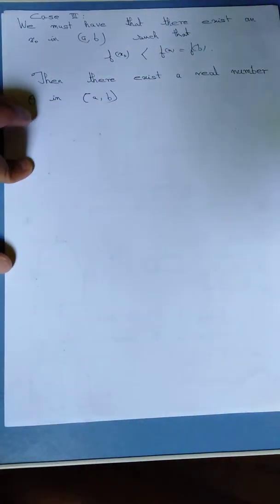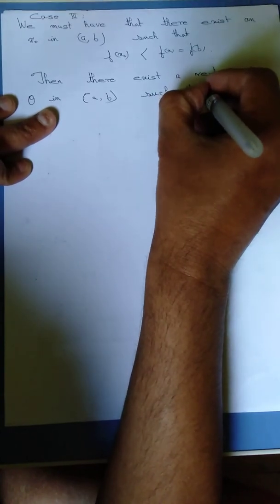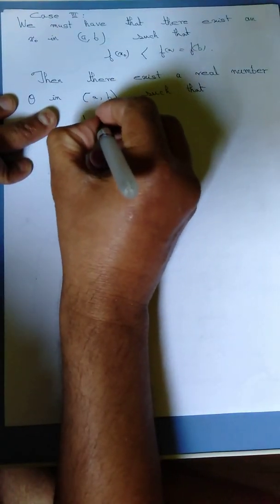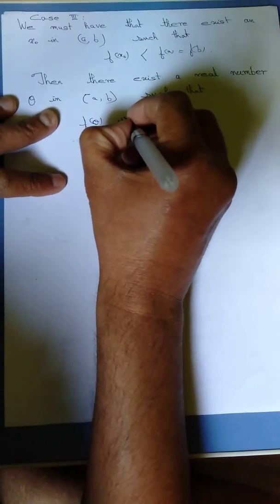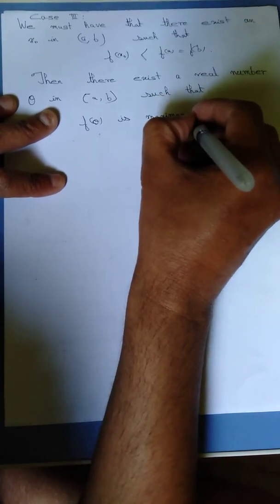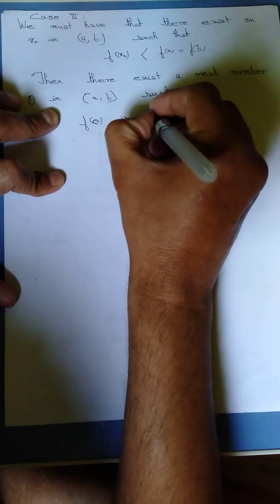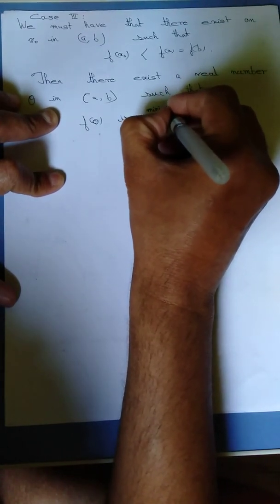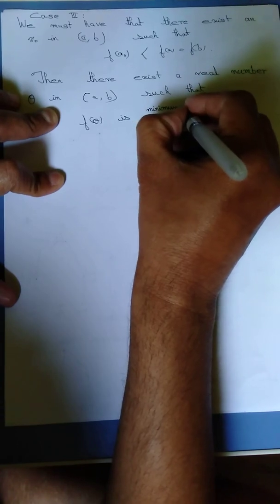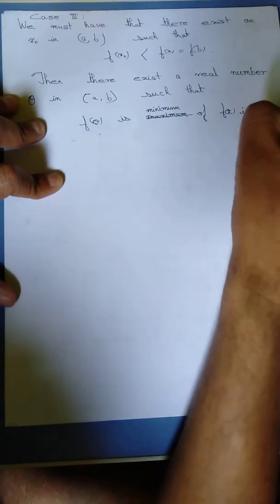By this time it must be clear. There exists a real number theta in the open interval (a, b) such that f(theta) is maximum of f(x), sorry, it is less. If it is less, then let's talk about the minimum of f(x) in the open interval (a, b).